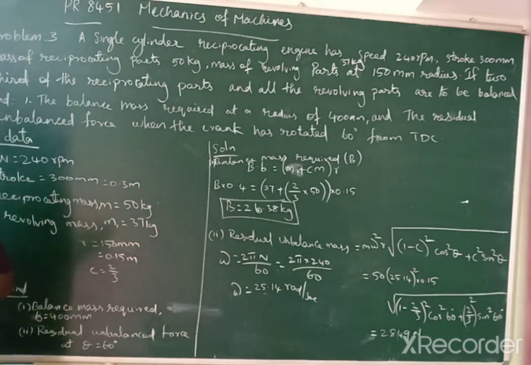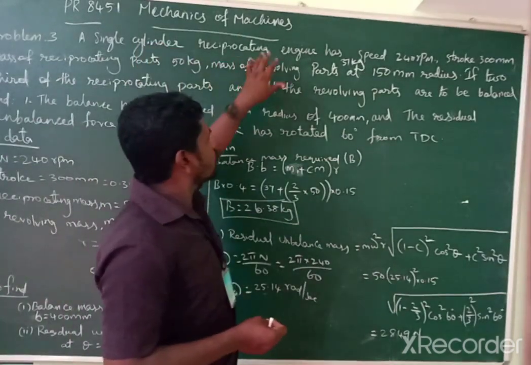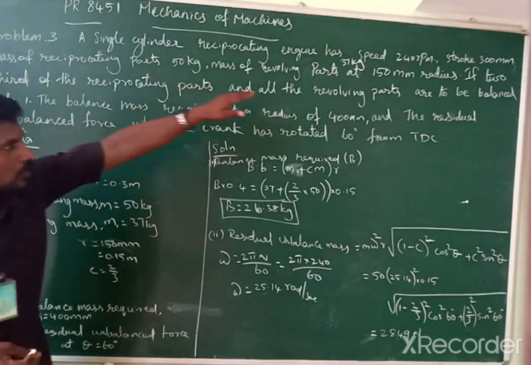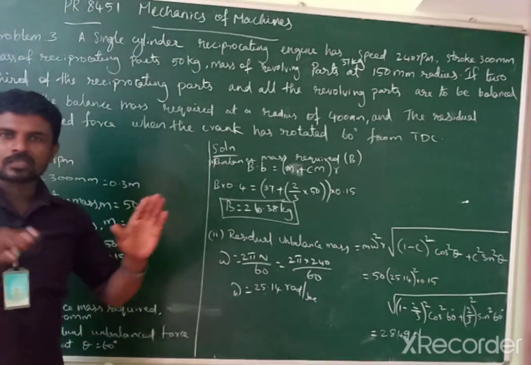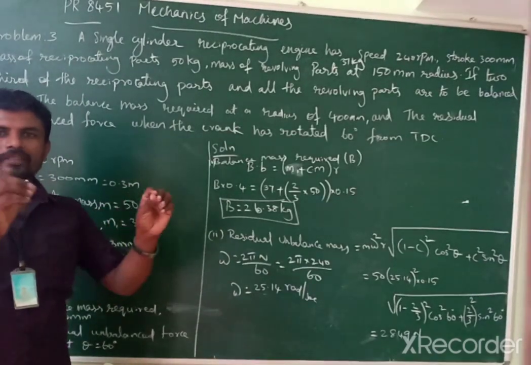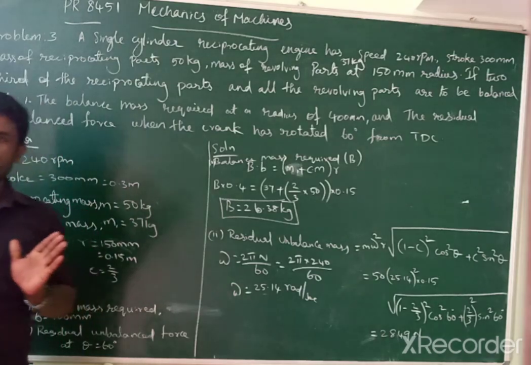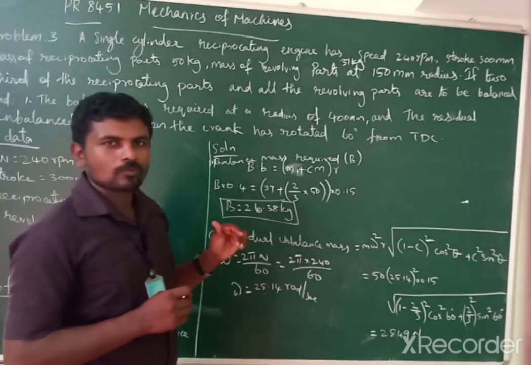How can we find these values? Which type of problem is this? The engine has a reciprocating part as well as a revolving part. Both parts are available in that system, so this problem comes under balancing of reciprocating mass. Okay, right?